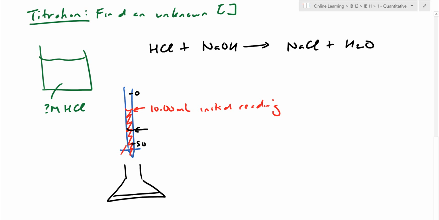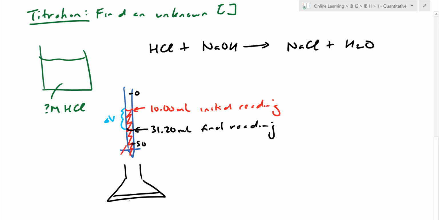We just take another reading on the burette and see what it says later on. Totally making up a number here, let's say 31.20 milliliters. That also doesn't mean there's actually 31 inside the burette. What I'm going to do instead is take the difference. That difference will actually be how much volume I actually dropped in. In this case, it doesn't really matter which one you put in where, but in this example, I'm just going to say the base goes in the burette.